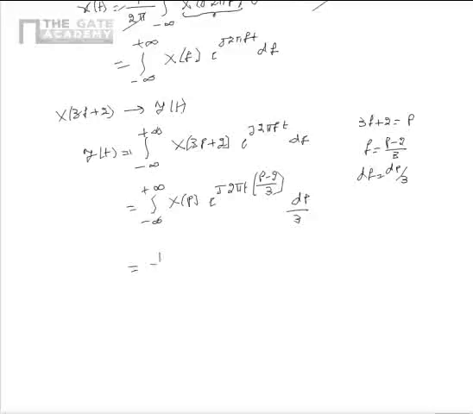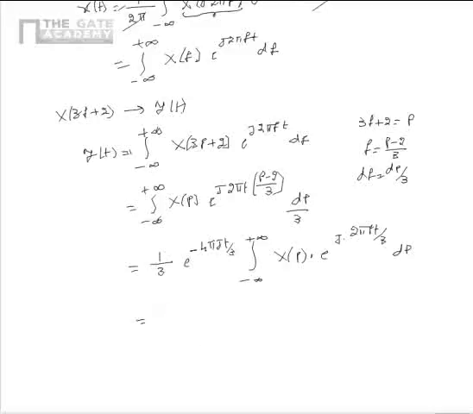This can further be simplified as 1 by 3 e power minus 4 pi jt divided by 3 times the integral from minus infinity to plus infinity of X of p multiplied by e power j into 2 pi pt divided by 3 dp.